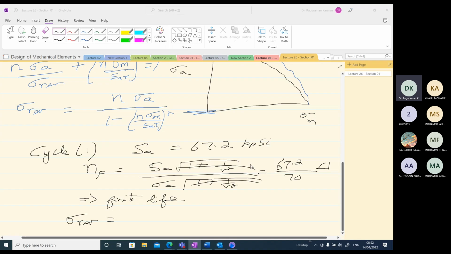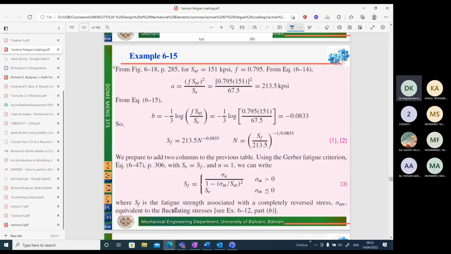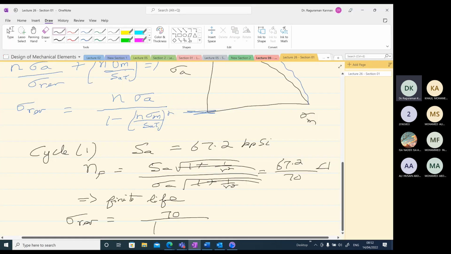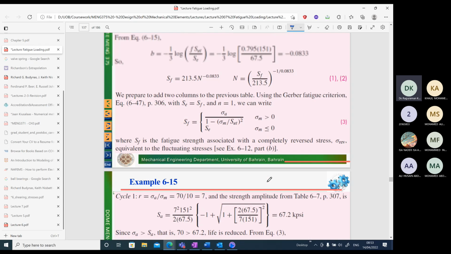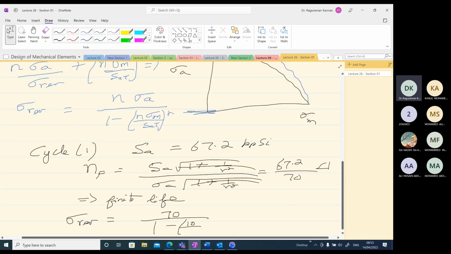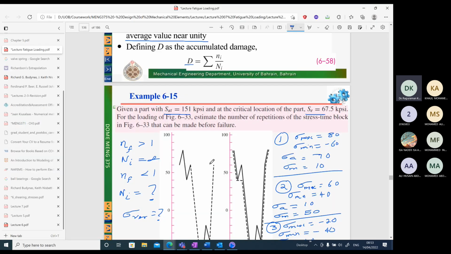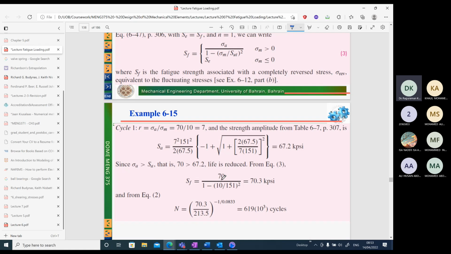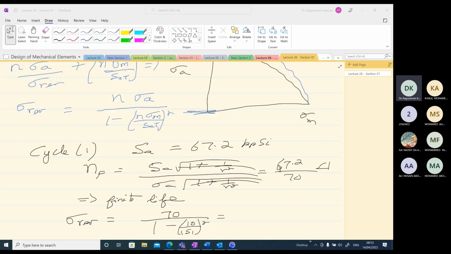The formula will be sigma A over 1 minus 10 over SUT value. Again, we need the SUT value, 151, and figure out this sigma reversible value. When you use that, you get 70.3 kpsi.